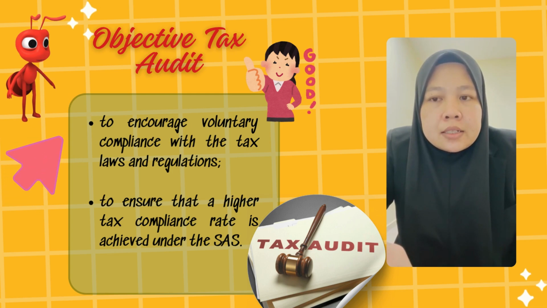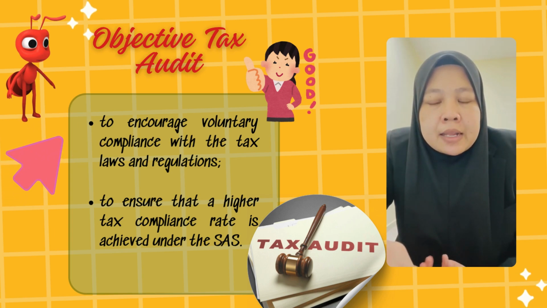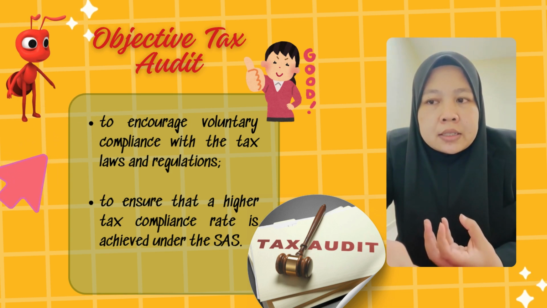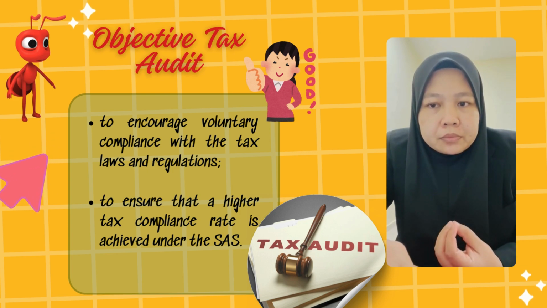In this regard, the audit officer is required to ensure the correct amount of income has been reported and the right amount of tax has been paid in accordance with the tax law and regulation.